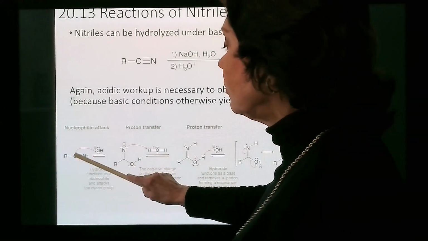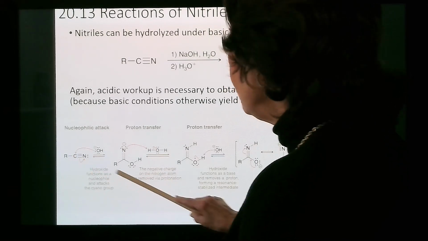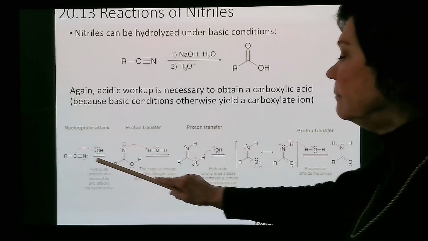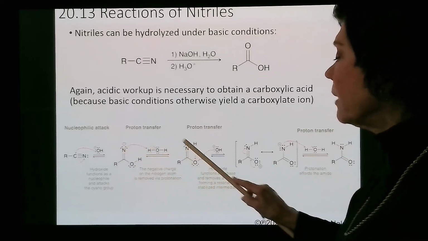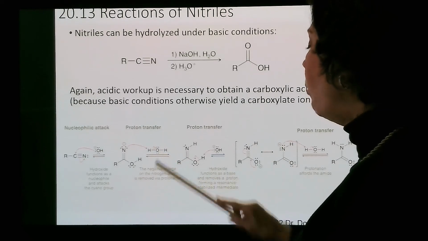A pair of electrons attacks at carbon. The pair of electrons in one of the pi bonds moves out onto nitrogen. Nitrogen is bearing a negative charge and abstracts a proton from water.